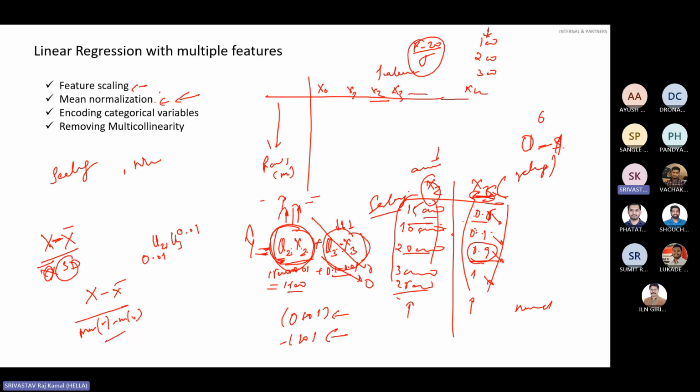Now the values will not be biased. These values will become something like 0.001, 0.2, and this will also become 0.3, 0.2. So they are normalized. This is how you bring all the columns onto the same level, and this is very much required when the columns have different ranges. So first we always do the normalization.